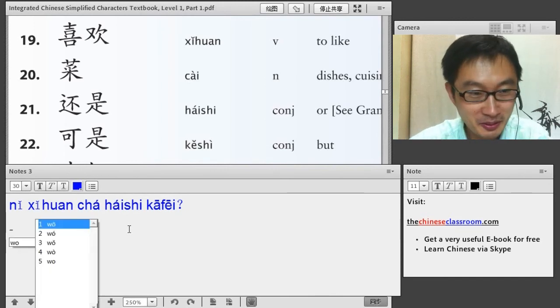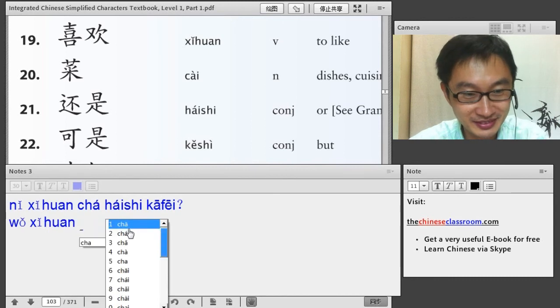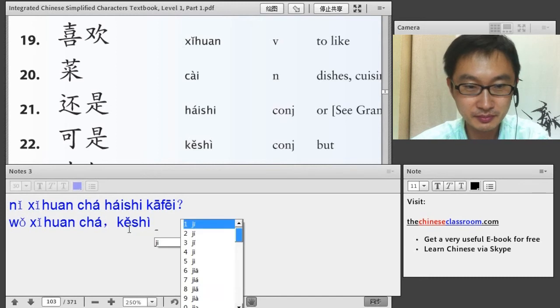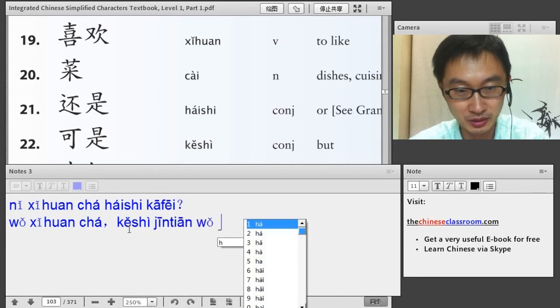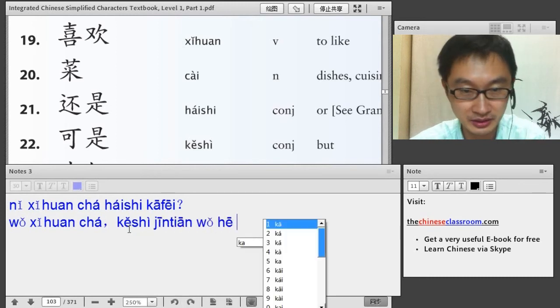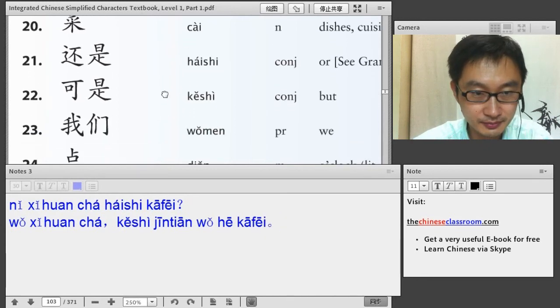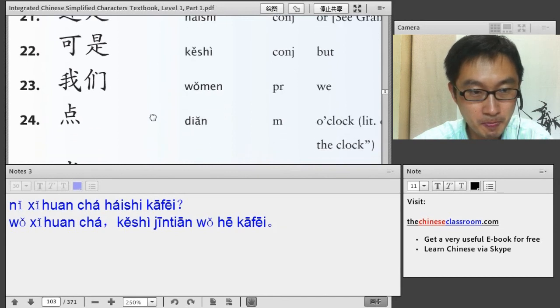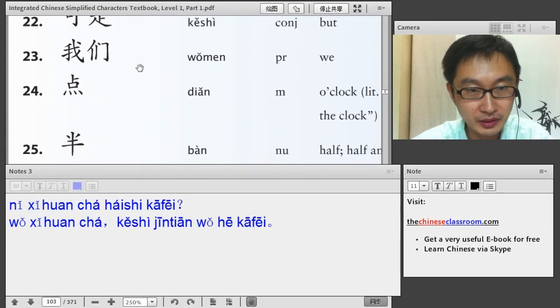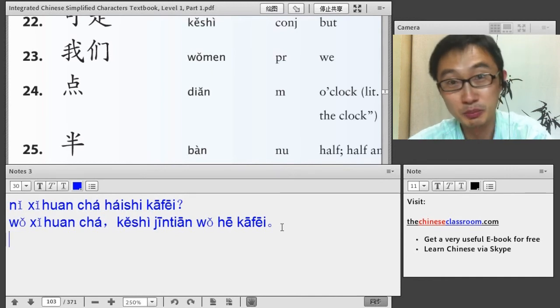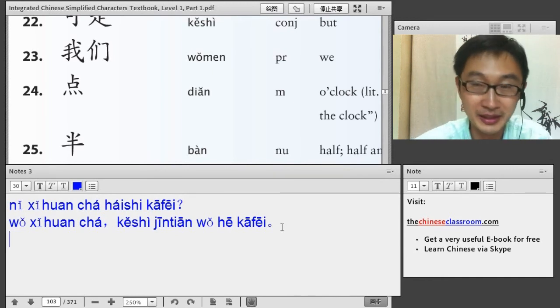You can say 我喜欢茶, 可是 today 今天我喝, 喝 is to drink, 喝咖啡, like this. Okay. Then here 我们, like I said, you put 们 after you, me, he, she to make it plural. 我们 is we, many people.